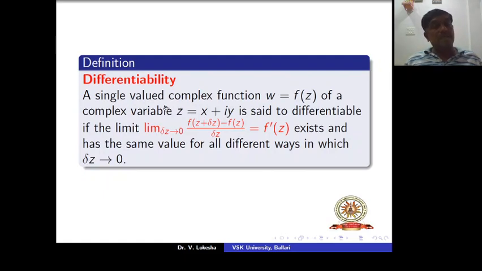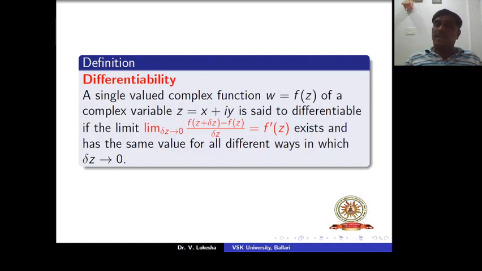Differentiability. A single valued complex function w is equal to f of z of a complex variable z is equal to x plus iy is said to be differentiable if the limit as delta z tends to 0 of (f of z plus delta z minus f of z) divided by delta z is equal to f dash z exists and has the same limit for all the different ways in which delta z tends to 0.